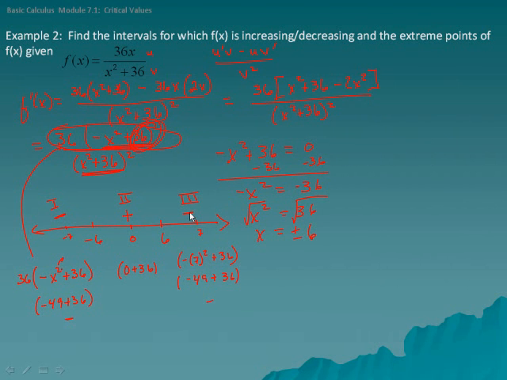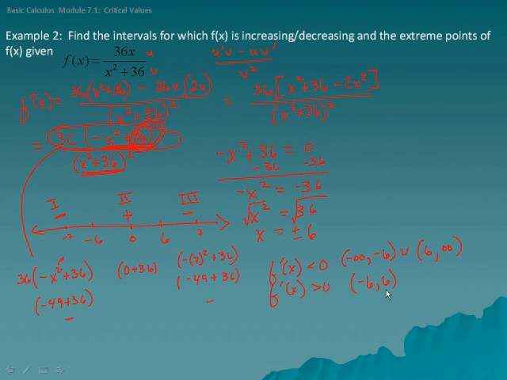So if we look at where the derivative is equal to 0, the derivative is less than 0 on the intervals from negative infinity all the way to negative 6 where it flattens off, union with from 6 to positive infinity. And the derivative would be greater than 0 from negative 6 to 6.